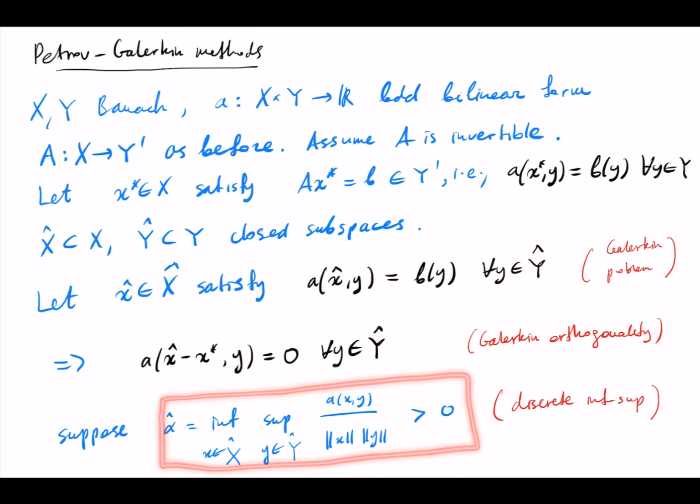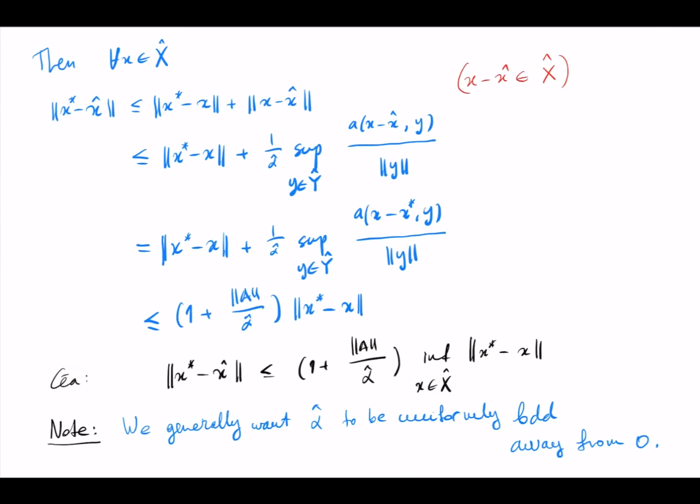Now consider x minus x hat instead of x. Then we see that this difference is actually bounded from above by that supremum with 1 over alpha hat in front. Then we use Galerkin orthogonality to replace x hat by x star, because x hat minus x star is orthogonal to capital Y hat with respect to this bilinear form.